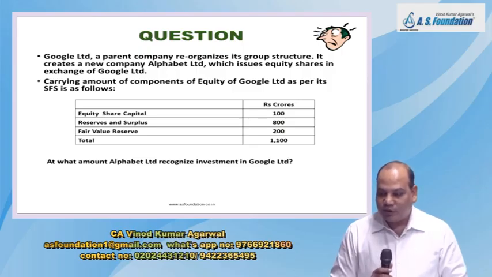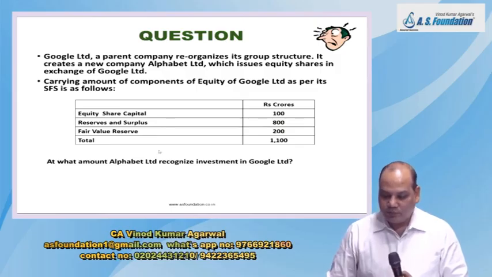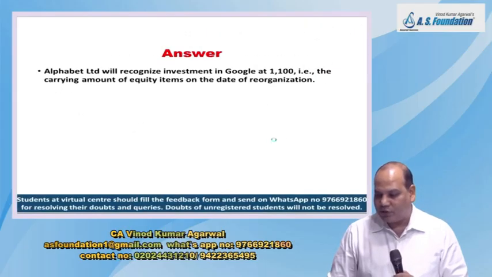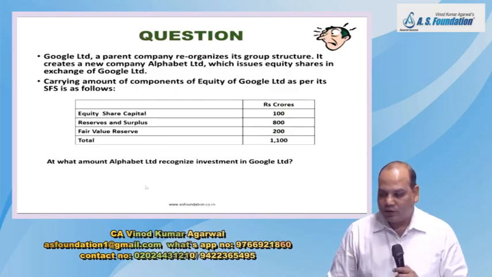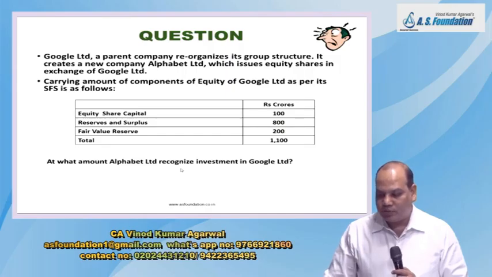Carrying amount of components of equity of Google Limited, write down rupees in crore, equity share capital 100, reserves 800, fair value reserve 200. So total equity as per separate financial statement is 1100. At what amount Alphabet Limited should recognize investment in Google Limited? The answer is 1100, same amount.